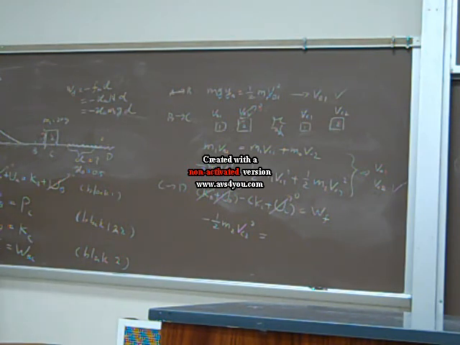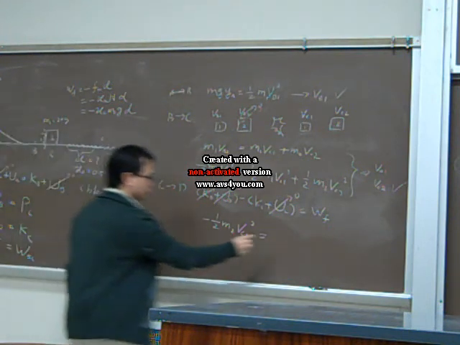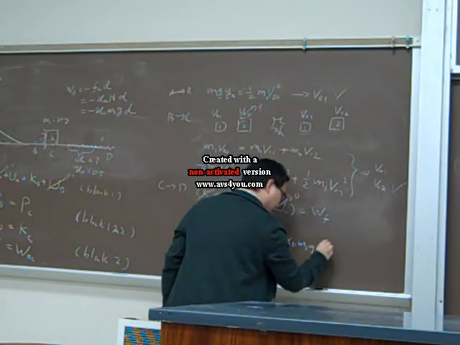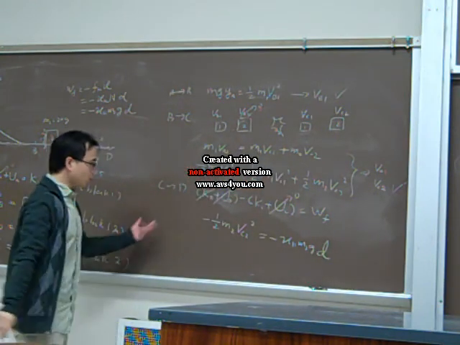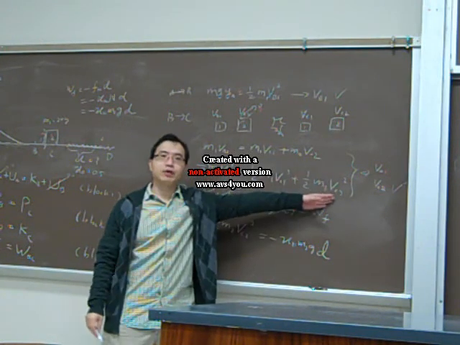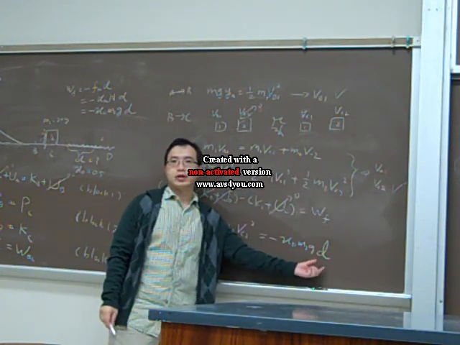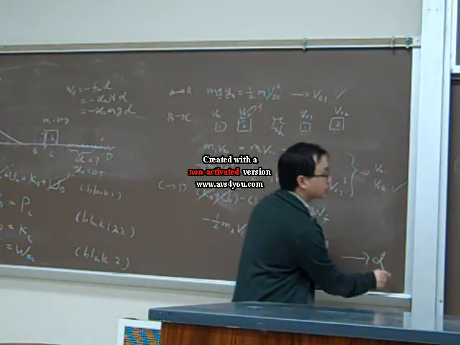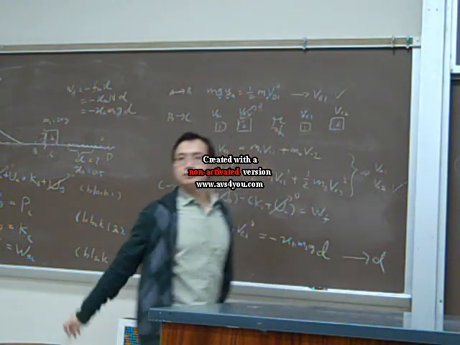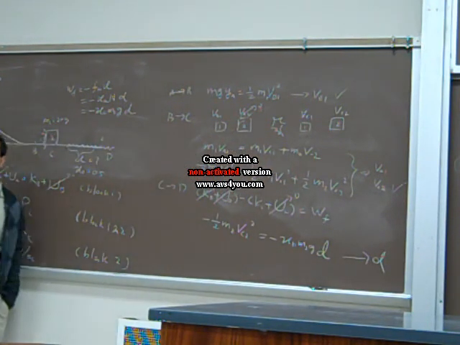So that's the expression for the work done by the frictional force. So you can see, you know all these quantities. Mu k is given, VC2 you calculate from here. So you can solve for the distance d. Is that the quantity we want to ask? Yes. Okay?